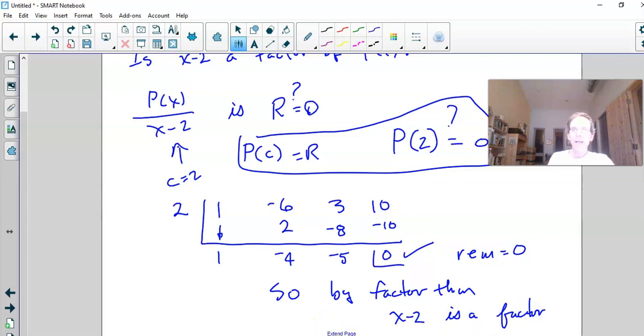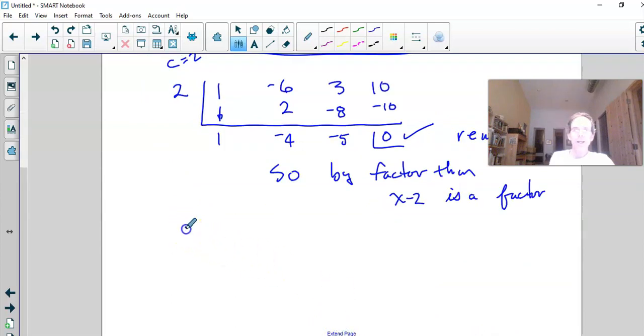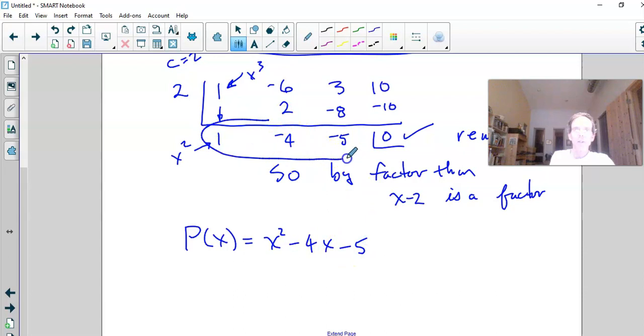And we could write p of x is going to equal the quotient, which is given here. This 1 belongs to x cubed, so this one here belongs to x squared. Our quotient is going to be x squared minus 4x minus 5. Remember, the last row of the synthetic division gives you the quotient.